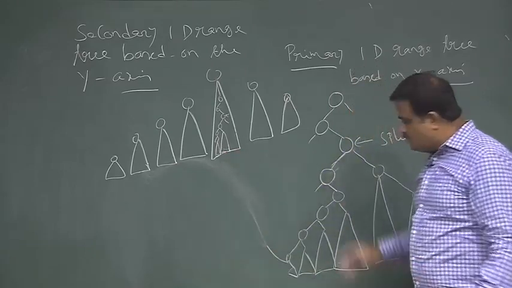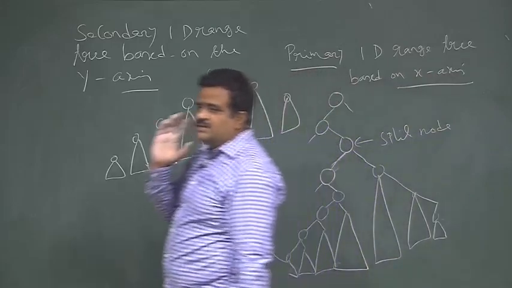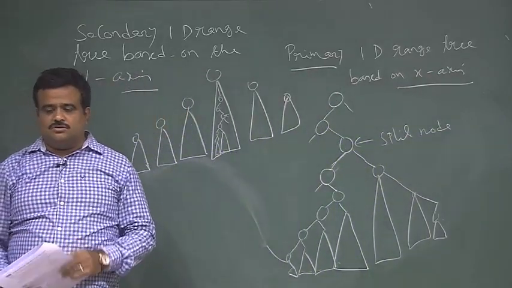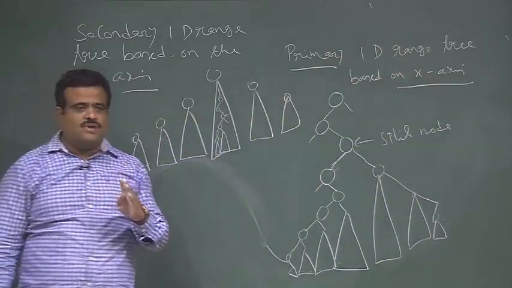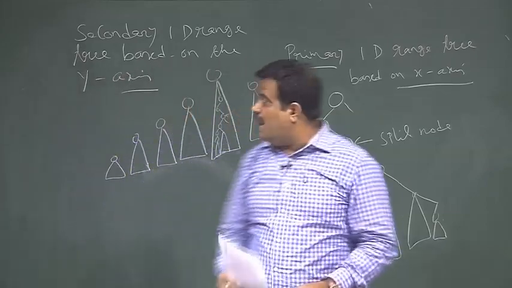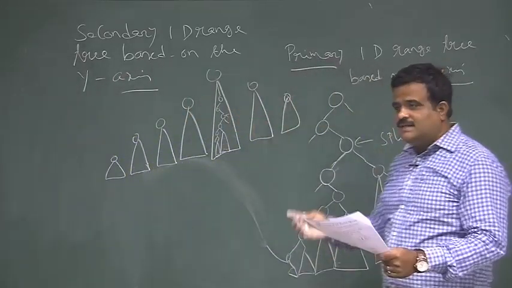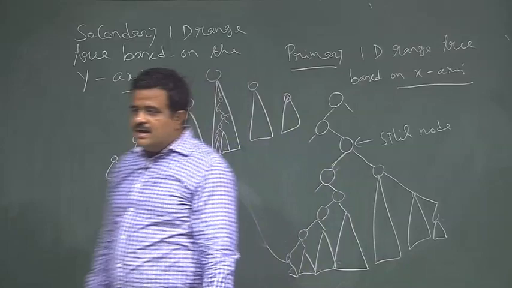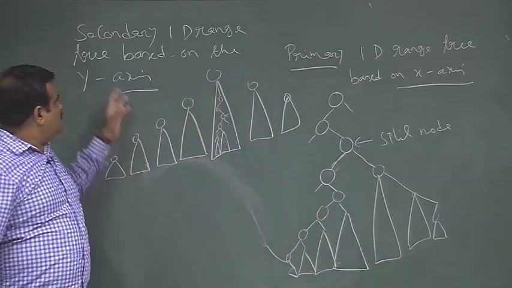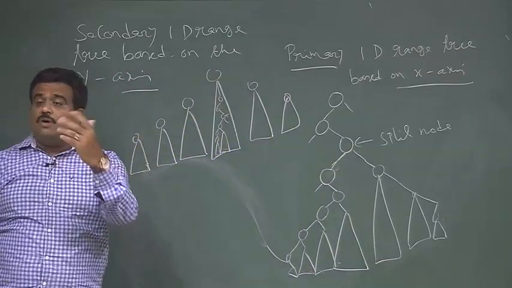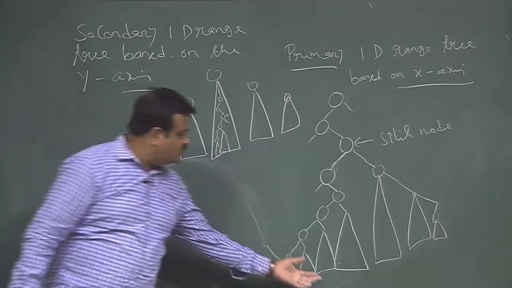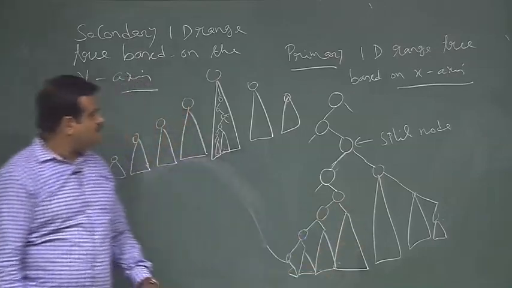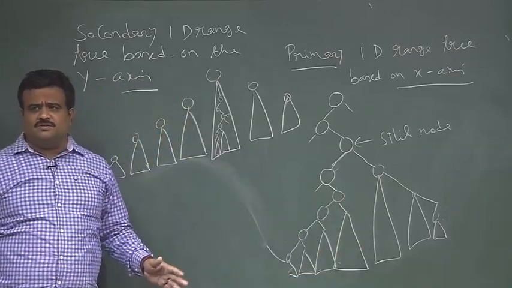Basically we have two data structures, two range trees. One is the primary range tree based on the x axis, and the second one is based on the y axis, stored for all the points, because we do not know which points will come into this. So, lots of data structures going on.